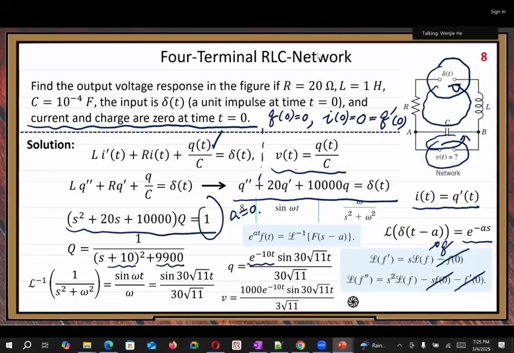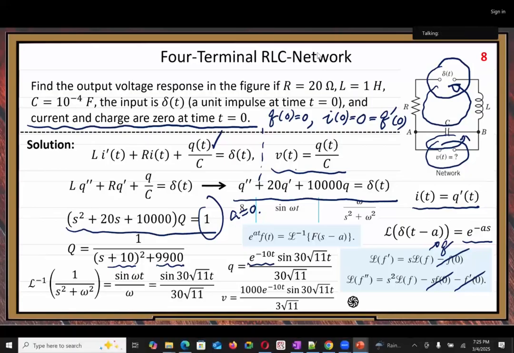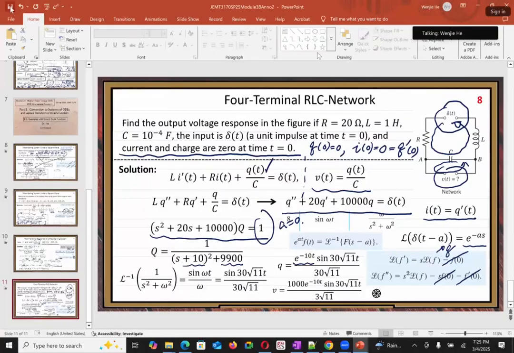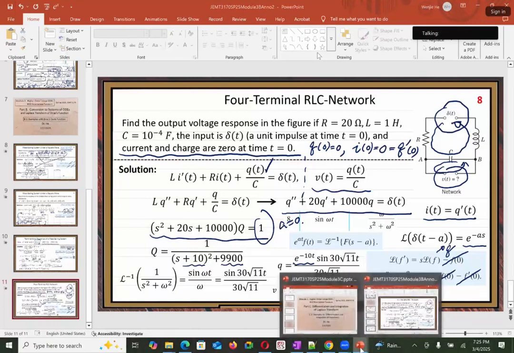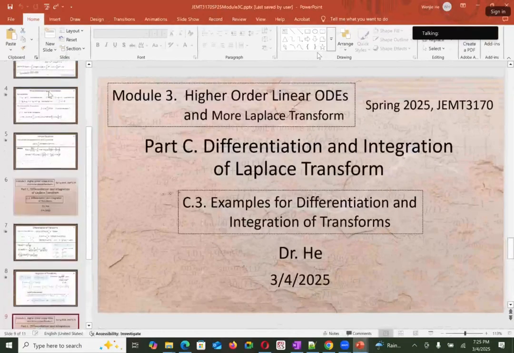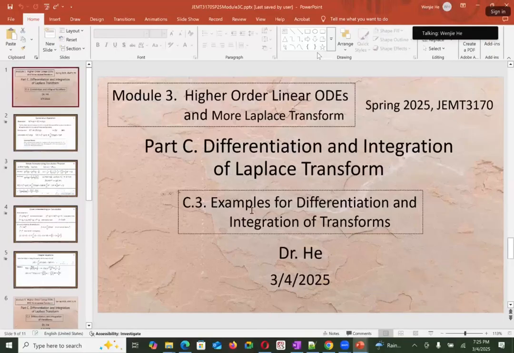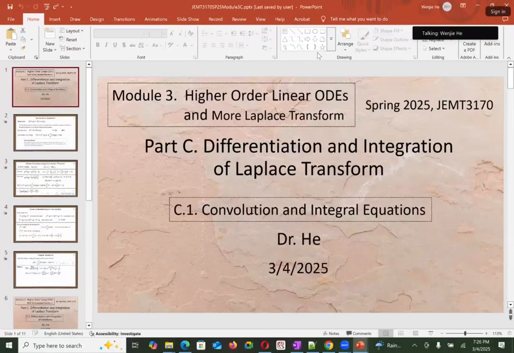Let me get out of part B. Then part C: differentiation and integration of Laplace transform. C.1, convolution and integral equations.